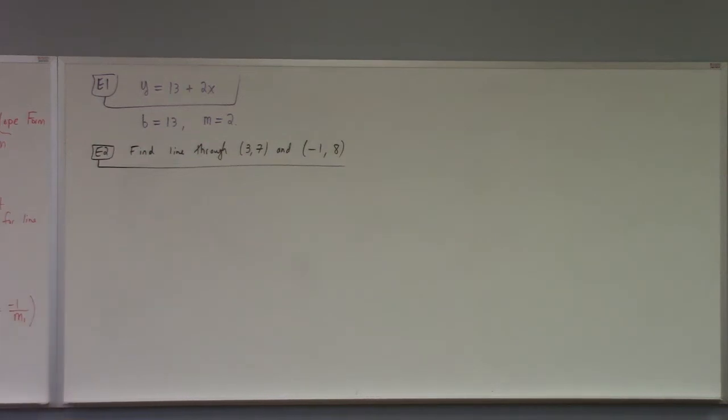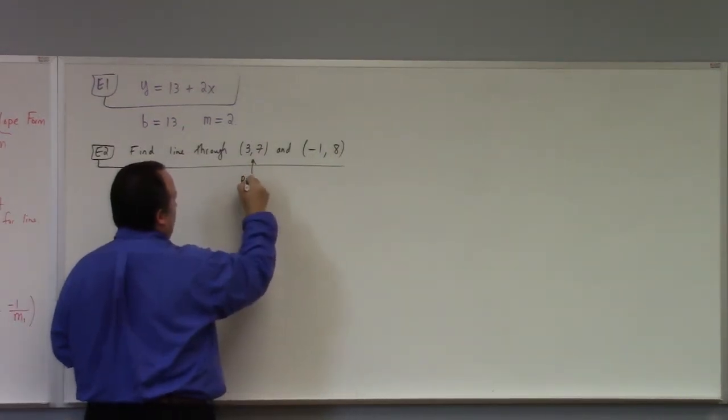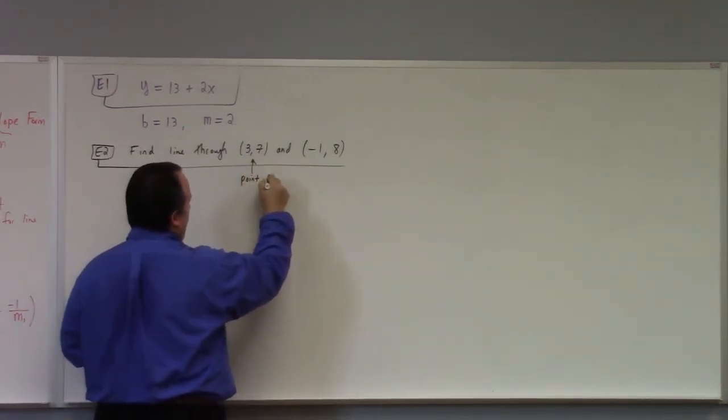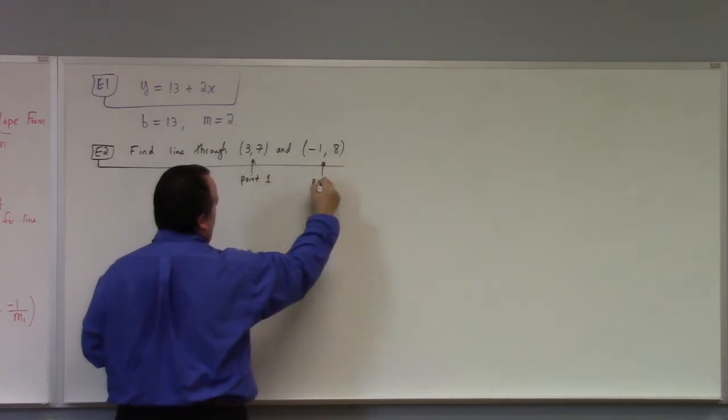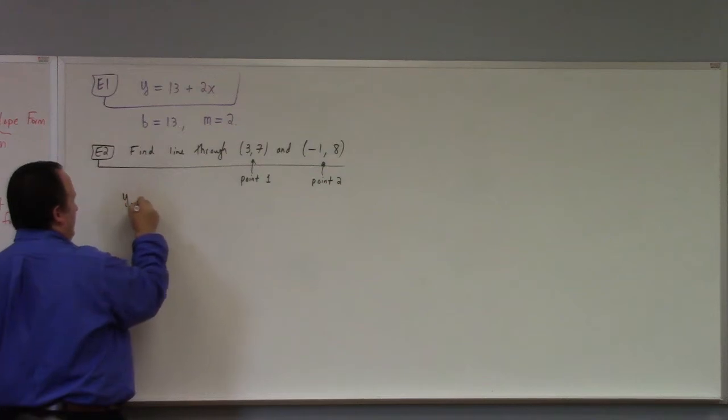So how are you going to do this? Yep. It's going to be like 8 minus 7 over negative 1 minus 3. Okay, so you're thinking about this is point 1, right? And this over here is point 2. So you want to look at y2 minus y1 over x2 minus x1. Why are we doing that?